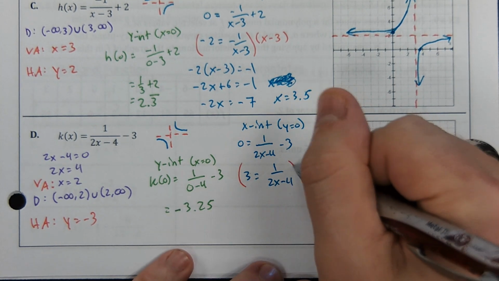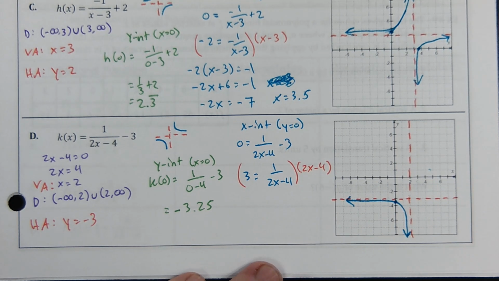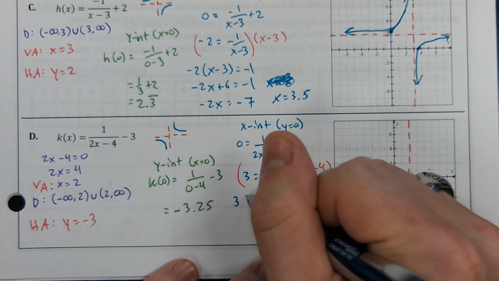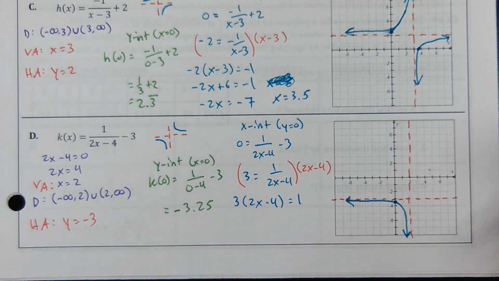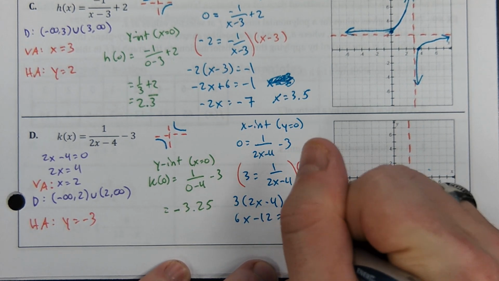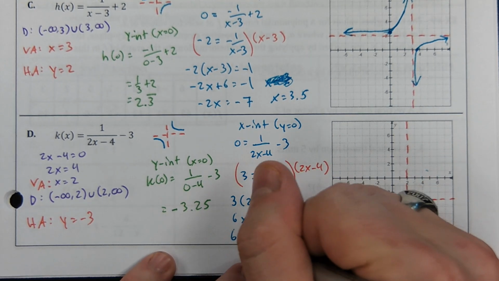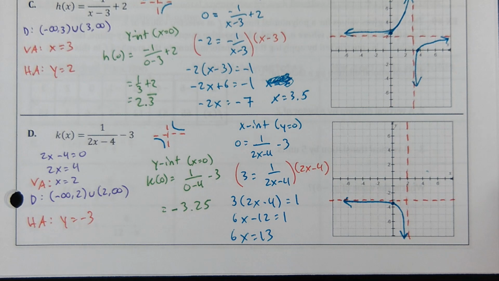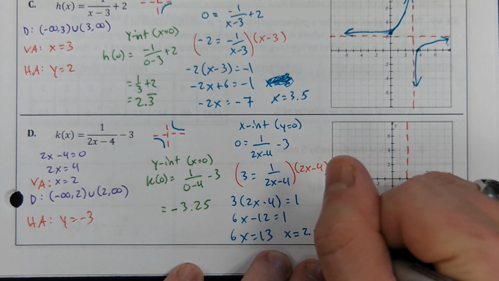Multiply both sides by your denominator. Distribute. Add 12 to both sides. And divide. It's going to get you x equals 2.17-ish.